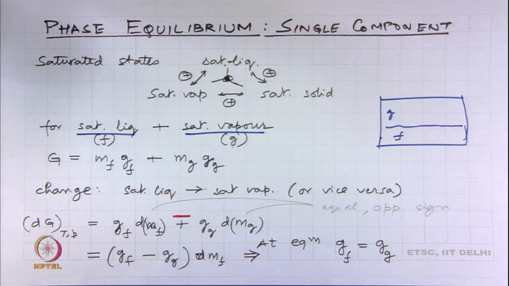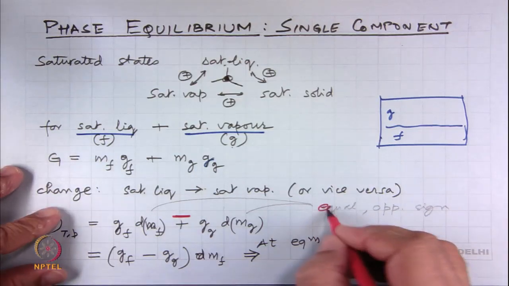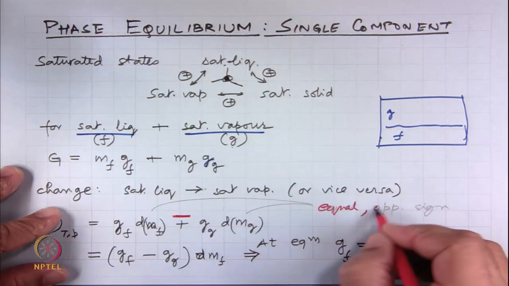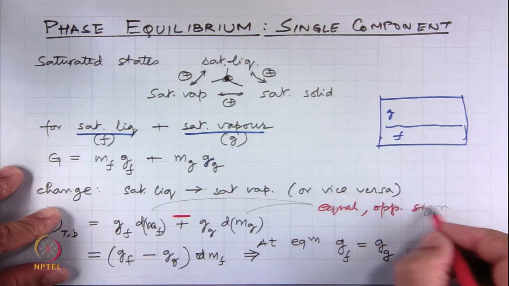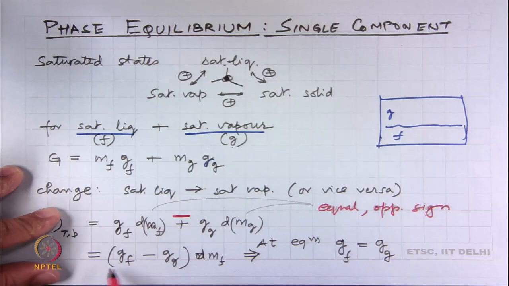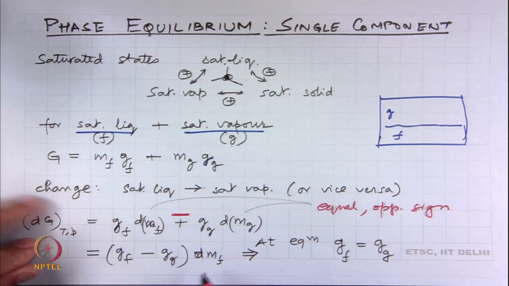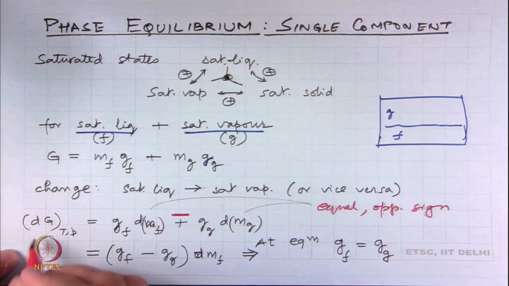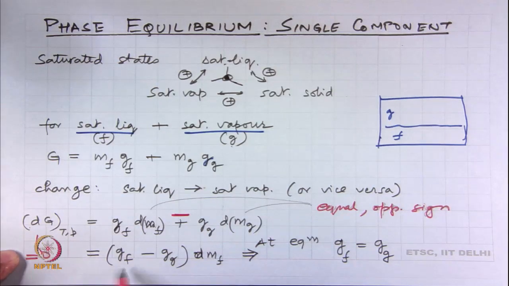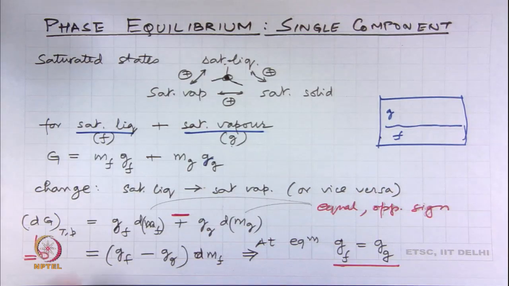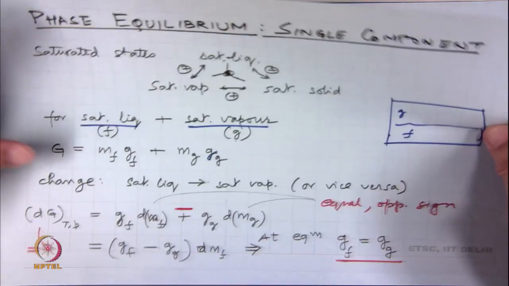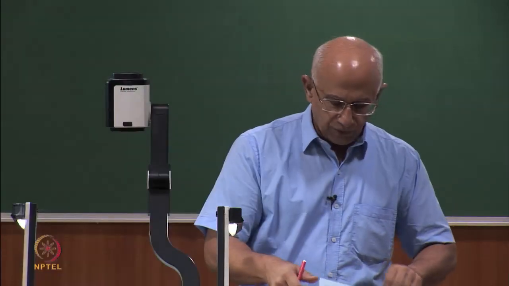And since the liquid became vapor, the two masses in quantity are the same, so they are equal and of opposite sign. We can simplify this to write (g_f minus g_g) dm_f, which tells you that at equilibrium this parameter has got to be 0, which means that g_f is equal to g_g.